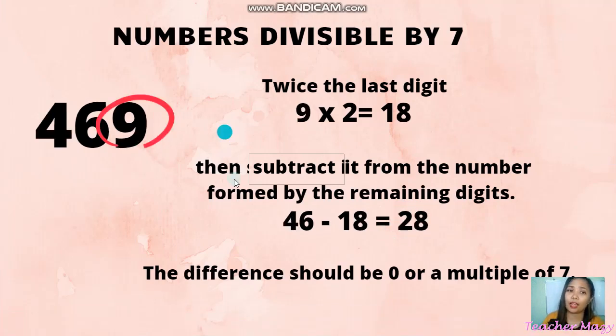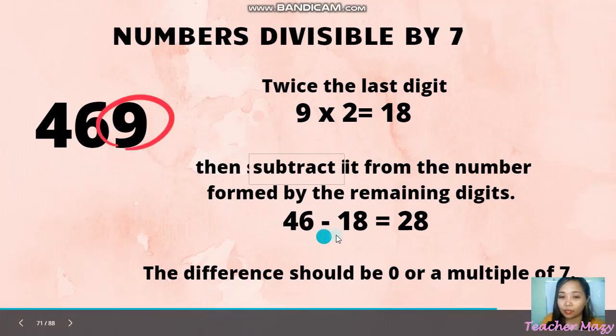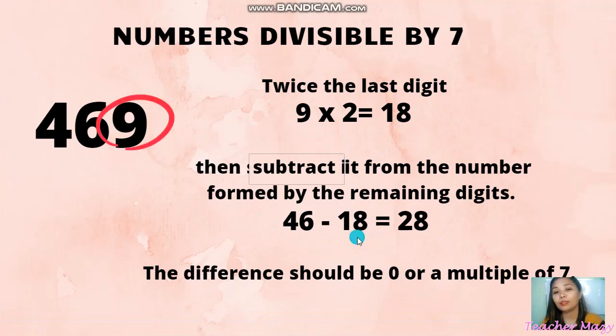Another example, we have 469. Twice the last digit. So, multiply the last digit by 2. 9 times 2 is equal to 18. Then, subtract it from the number formed by the remaining digits. Kung tatanggalin natin yung 9, we have 46. 4 and 6. Minus our product, which is 18.